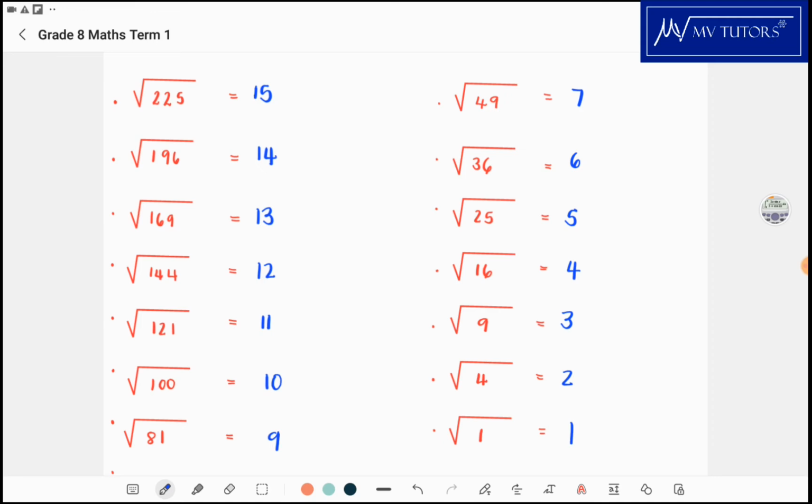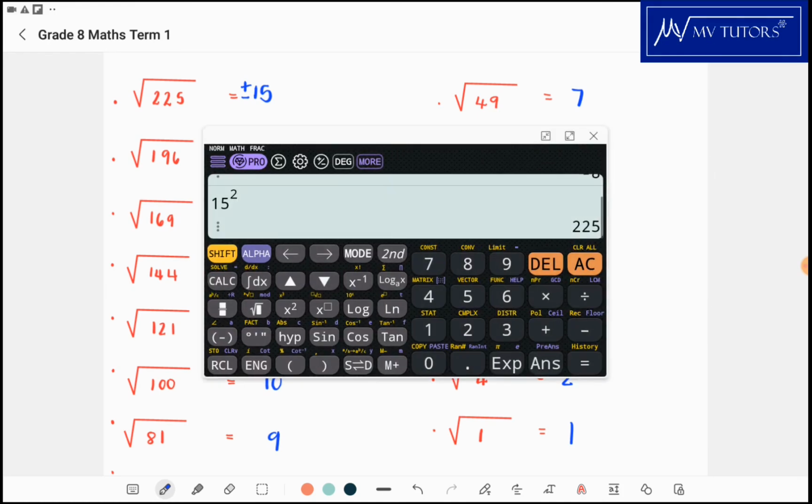Actually, guys, it's very important. There was a joke, a meme that I saw. If you have a square root of 25, it can either be positive or negative. Okay, why? Because if I took 15 squared, that is 225. And if I take negative 15 and I square it, that is also 225.